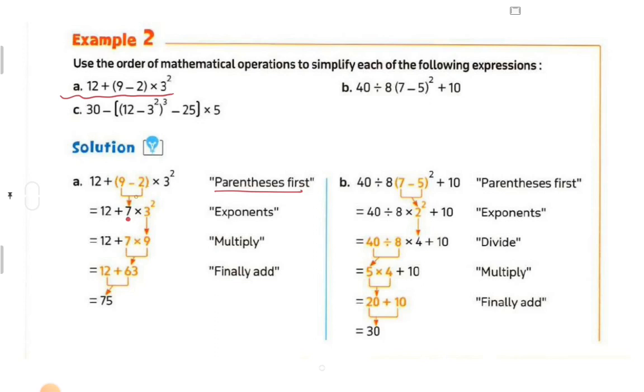Then after parentheses, exponent: 3 power 2 equals 9. After exponent, multiply: 7 times 9 equals 63. Finally add: 12 plus 63 equals 75.